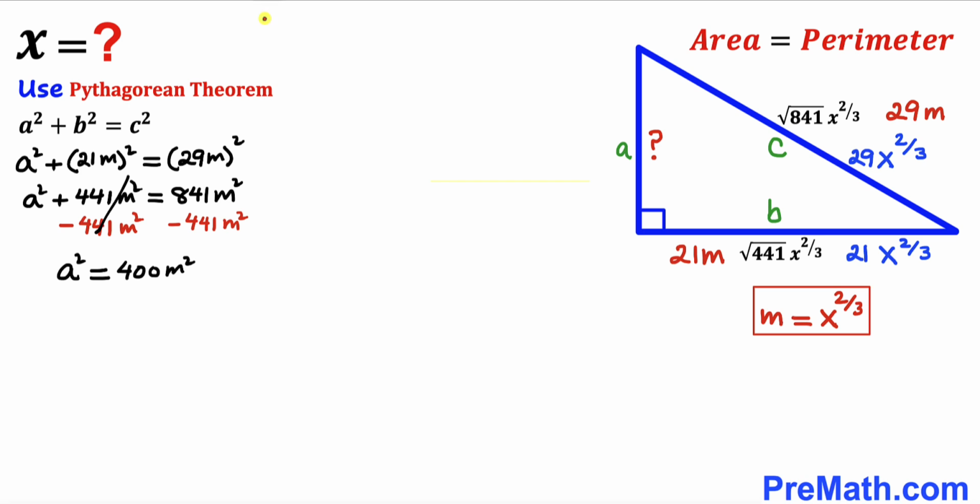Let me undo this square by taking a square root on both sides, and on the right hand side that gives us positive 20 times m. So this height a turns out to be 20 times m.